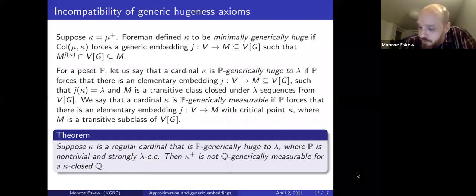So this is strongly analogous to huge cardinals in the definition. And the minimality is just that this is the forcing, like consider the case kappa equals omega 1, then this is like the smallest forcing that could be used for generic hugeness of omega 1.